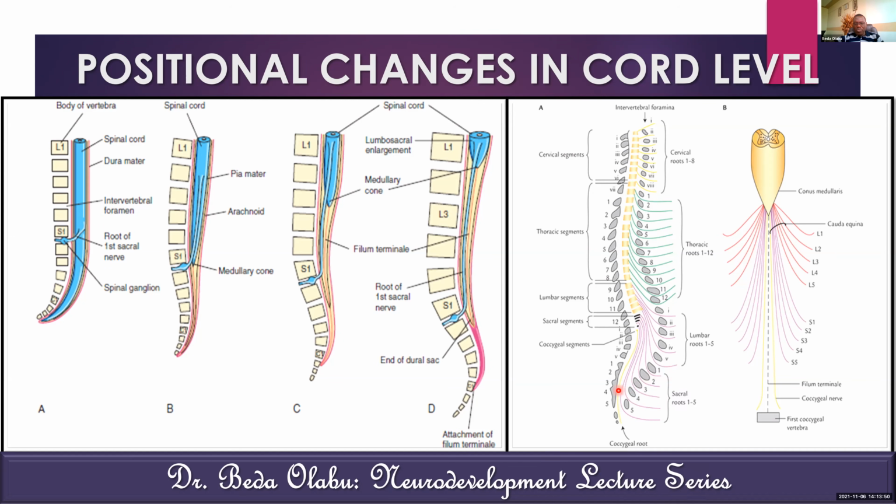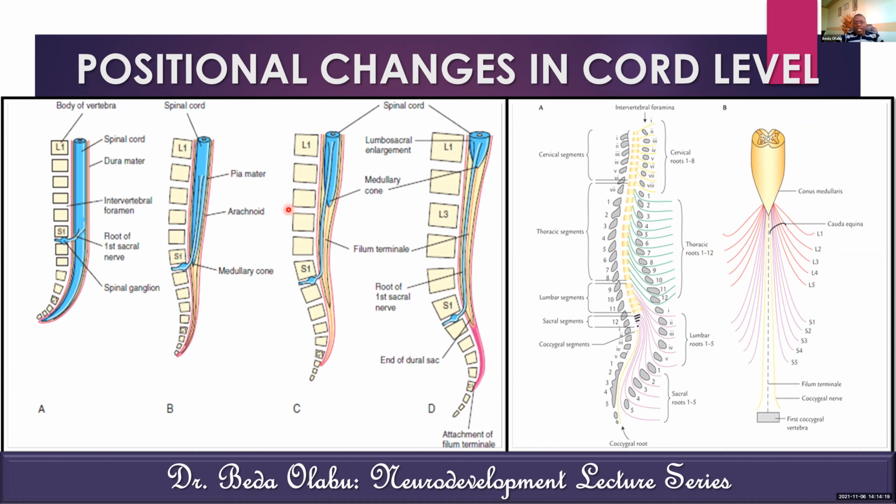It will appear like a group of nerves that are descending in the lower part of the cord first before they exit. And maybe this one captures that better. This group of spinal nerves at the lower end of the spinal cord constitute what we call the cauda equina. It means the tail of a horse. And it actually looks like the tail of a horse.